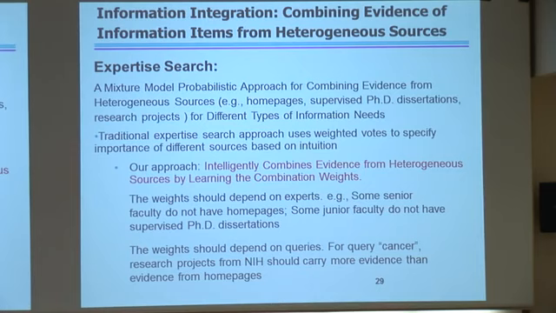And then we use this simple logistic regression model for prediction on the other data. However, our argument is that this method is not optimal. We have some examples that make us believe the combination weight should depend on experts. So for example, senior faculty members may not have home pages. Some young faculty members may not have surprise PhD dissertations.